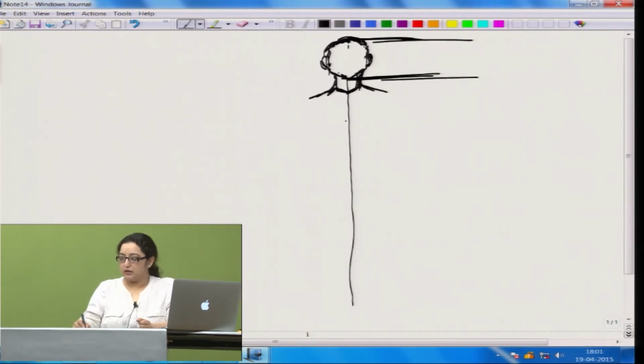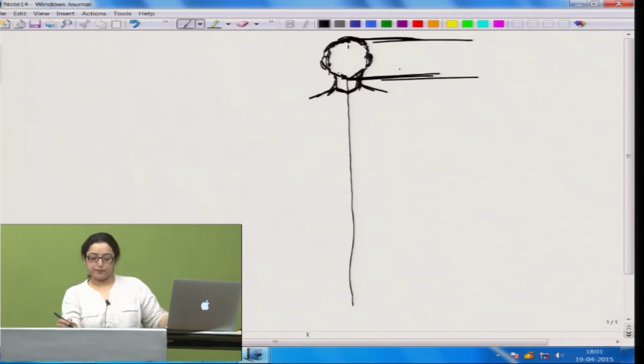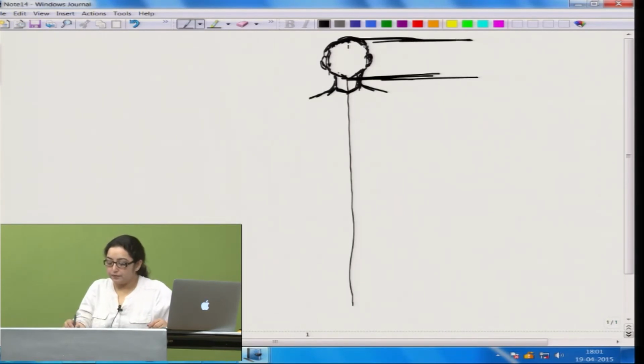Let us again take the measurements of the body. Make sure that they are equal.